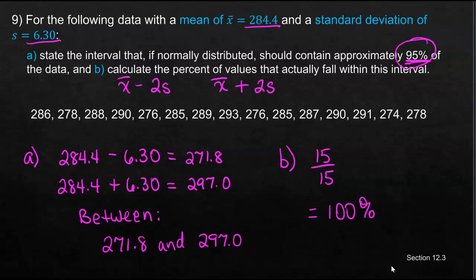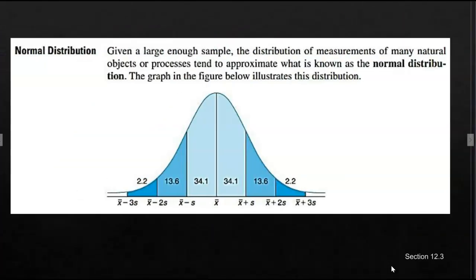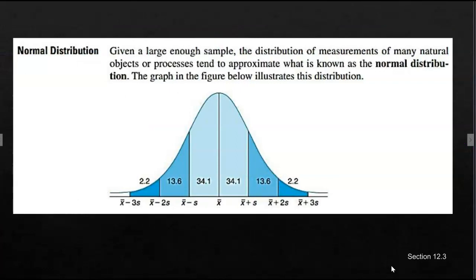That's just you looking at normal distribution. If you look back at what it says, given a large enough sample, the distribution of measurements of many objects or processes tend to approximate what is known as the normal distribution, and this graph illustrates that distribution.